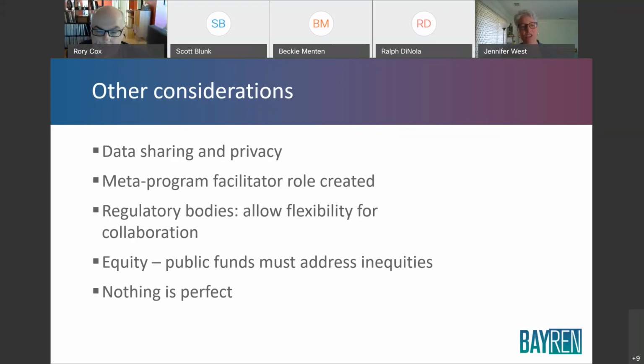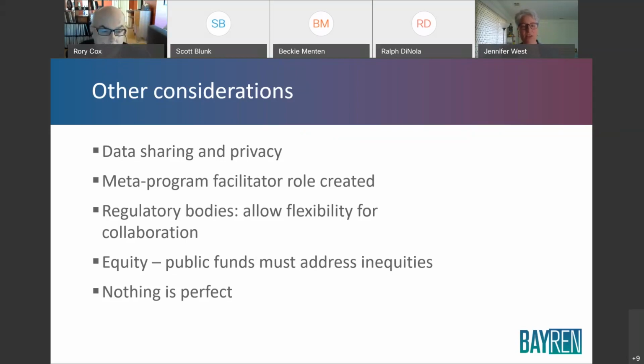So I'm not sure who can step into that role, but I think the CPUC needs to recognize how important it is to get layering right. In terms of the regulatory bodies allowing flexibility, we've heard about some of the limitations, cost effectiveness, siloed funding streams, legal requirements, data sharing, et cetera. Collaboration needs to work through and beyond those. And equity.